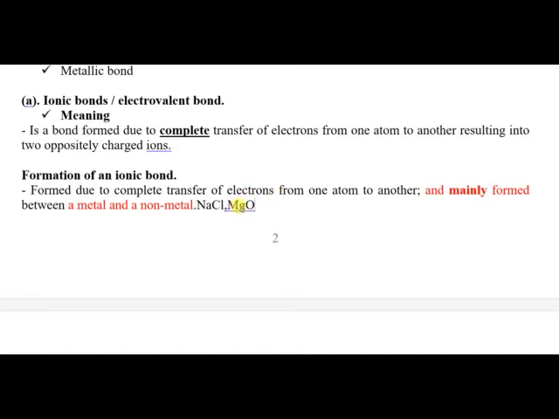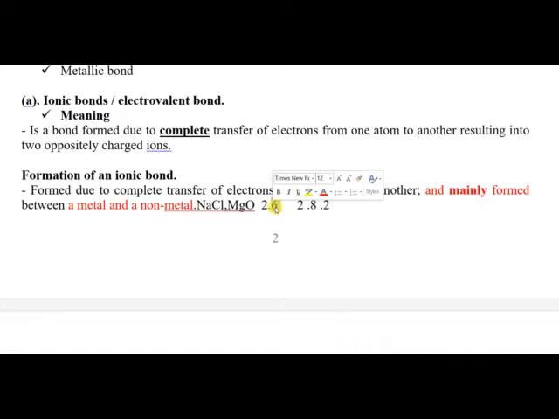Therefore, magnesium transfers electrons. Remember, the electron configuration of oxygen is 2, 6. Magnesium is 2, 8, 2. See this: magnesium has 2 valence electrons and is unstable, so it will lose the 2 electrons. The 2 electrons are needed by oxygen to be stable, so oxygen takes them.